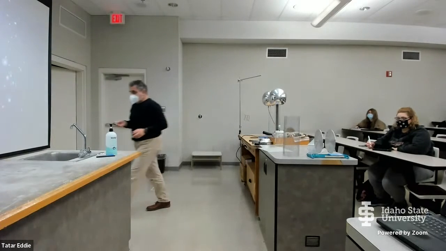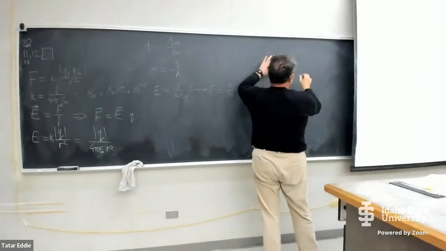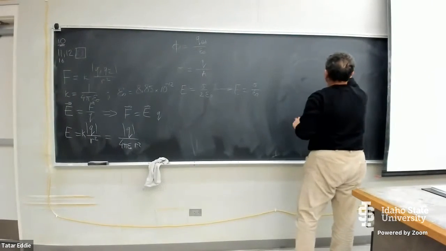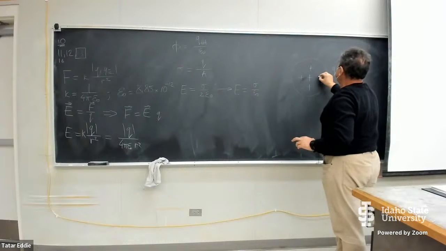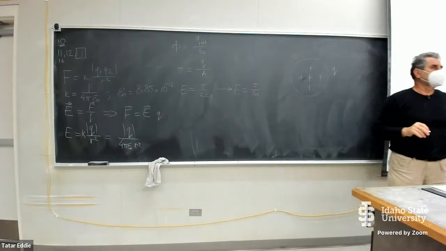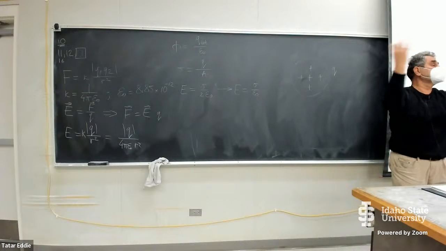Well, here is the total charge, let's say, uniformly distributed on this sphere: Q. Let's make it positive, just to be able to draw it. Total charge Q, positive charge Q, excess charge uniformly distributed on this sphere.